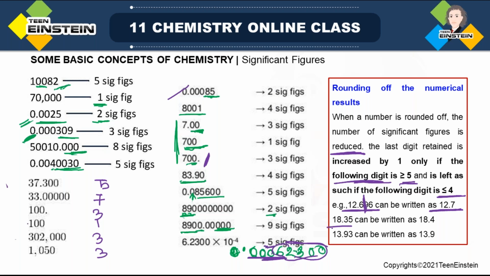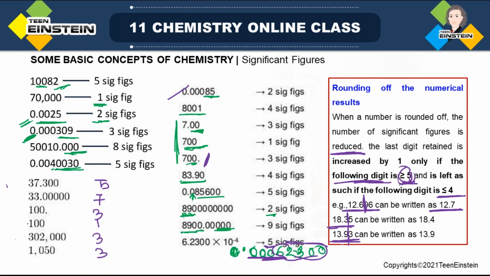So 18.35, in this case, if we want to write up to this position, the number 3 will be increased by 1 because the next digit is 5. Just look at this condition: if it is equal to 5 or greater than 5, in both cases you have to add 1. So it is 18.4.